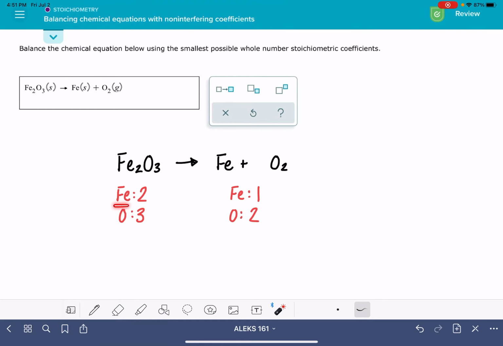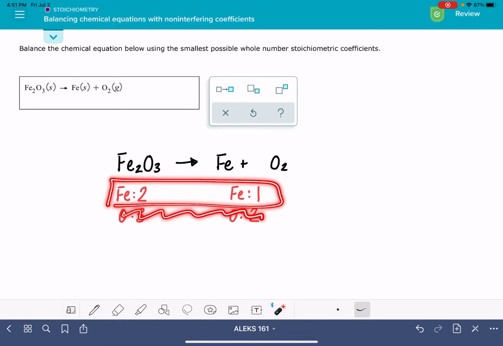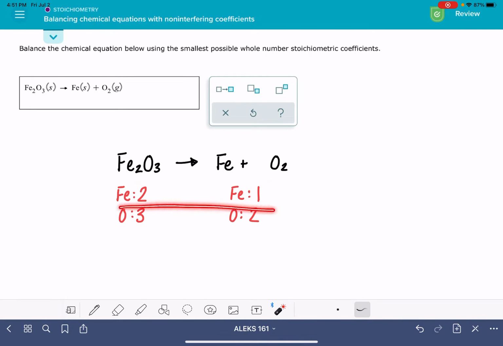And what I like to do is just work on one atom at a time. So we're just going to start by focusing on the iron. The iron atoms are not balanced because we have 2 on the left and we only have 1 on the right. We balance by increasing the amount of an atom. So in order to balance this, we want to increase the amount of iron on the right-hand side. Specifically, we want to increase it to 2 so that it matches the left.